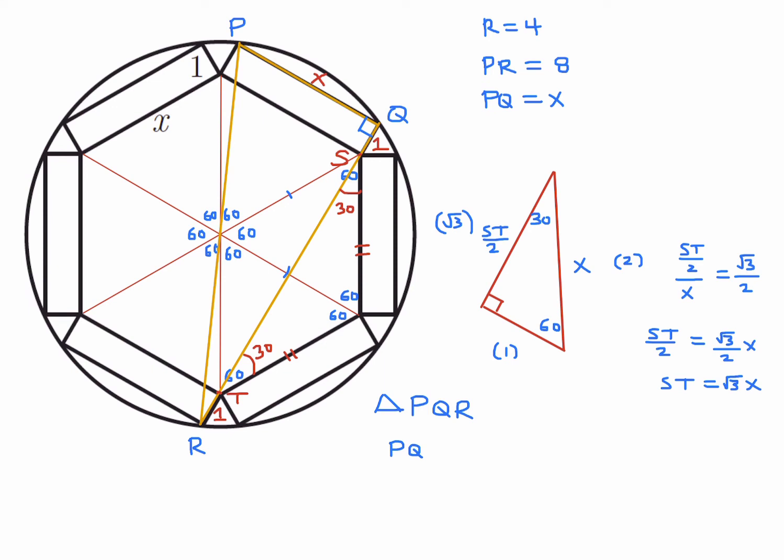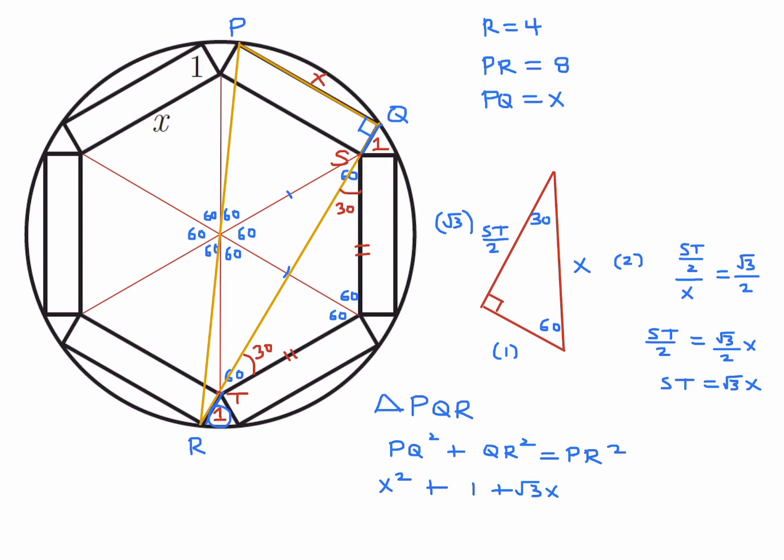There we go. So now we've got a Pythagorean relationship with triangle PQR, and that is as follows: PQ squared plus QR squared is equal to PR squared. PQ is x. QR, okay, QR is first, we've got this distance, which is 1. Then we got from S to T, which is root 3 x.